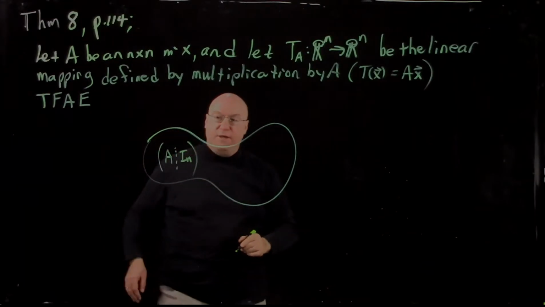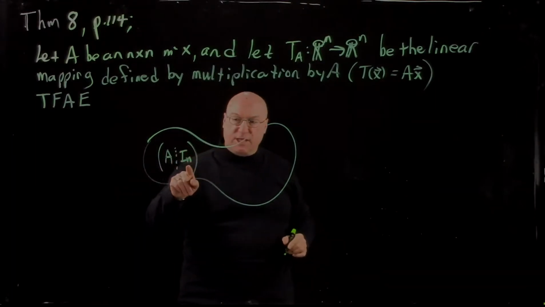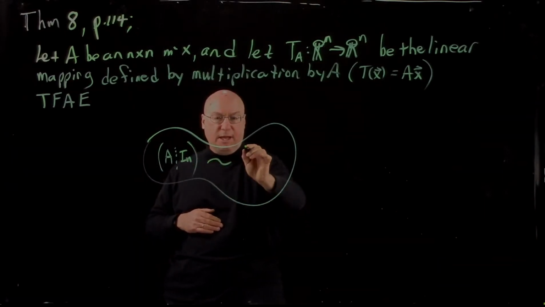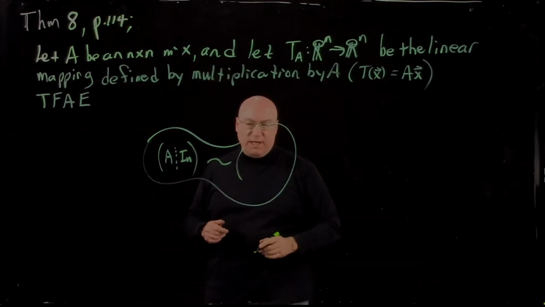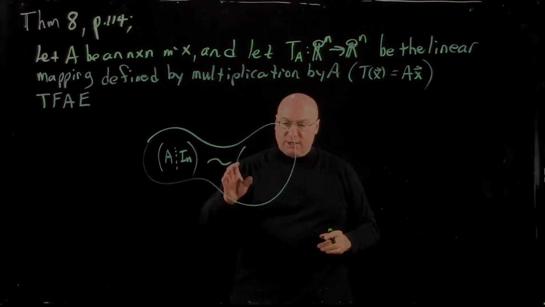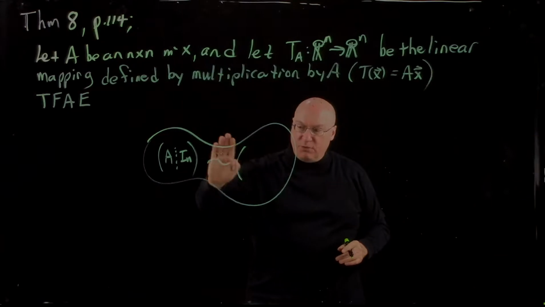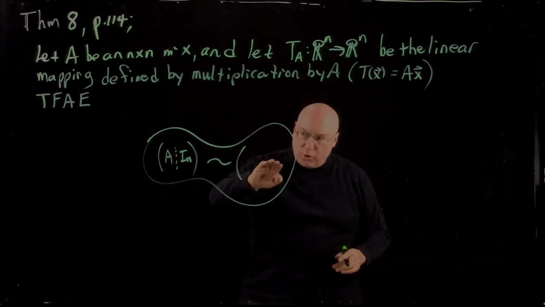So this is the n by n matrix A, and there's the n by n identity matrix. And I'm going to put a little squiggle here, and this squiggle, remember, means is row equivalent to. In other words, you can get from here to there using our standard row operations, or you can go backwards.